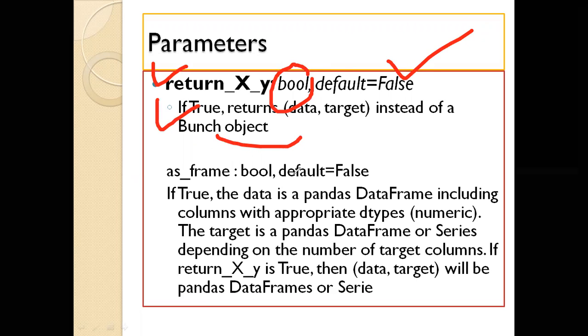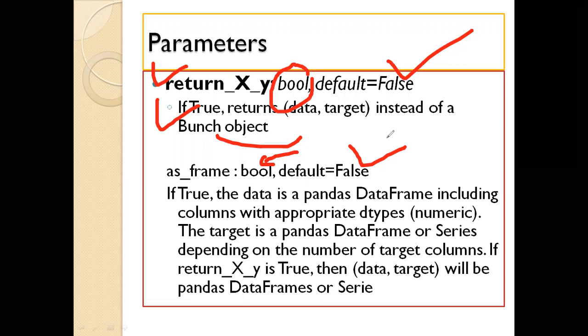And again, as_frame is also a boolean. The value will be either true or false, and the default value is again false. If true, then the data is a pandas data frame, including columns with appropriate data types. The target is a pandas data frame or series, depending on the number of target columns. If return_X_y is true, then this will obviously be a pandas data frame.